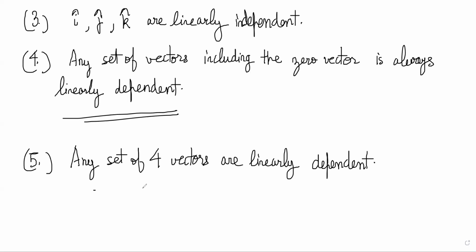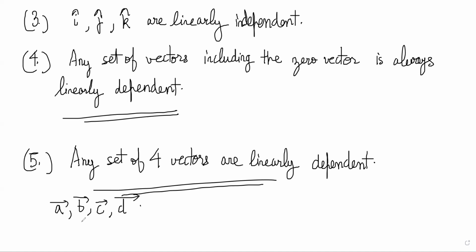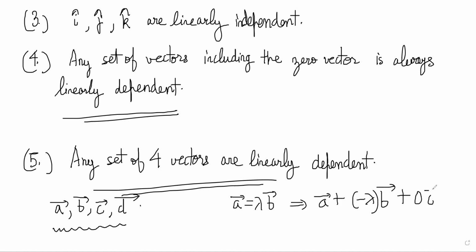For example, if I want to prove this, I would assume four vectors A, B, C, D, and I will start off by saying, let's say two of them are collinear. If two of them are collinear, automatically this set will become linearly dependent because you can always write A is equal to lambda B. So you can write A plus minus lambda B plus 0C plus 0D is equal to 0 vector, right? And here minus lambda is non-zero and 1 is non-zero. So this is a linearly dependent set.